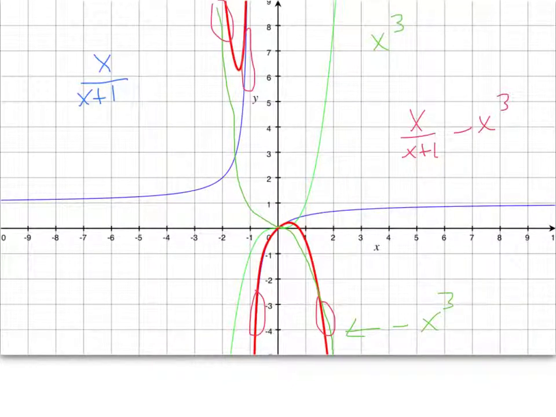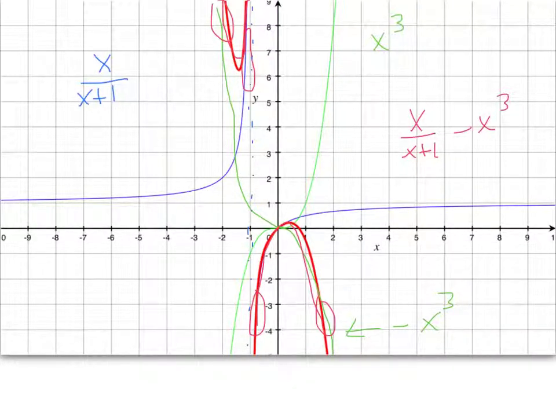And so we get this behavior going up, coming down on this side, and this behavior going down, coming up on this side. We will still have our vertical asymptote from x over x plus 1, because that's still blowing up around -1.